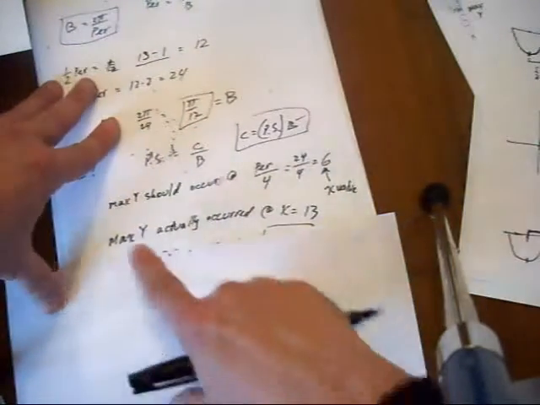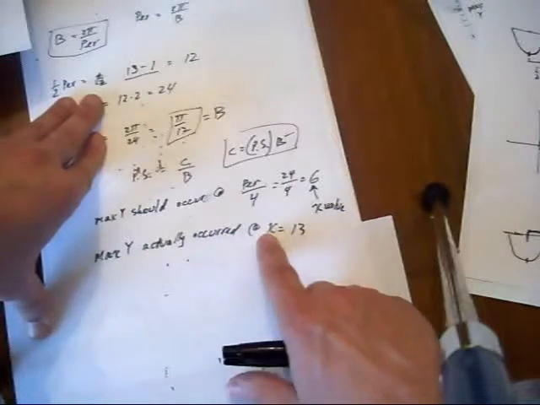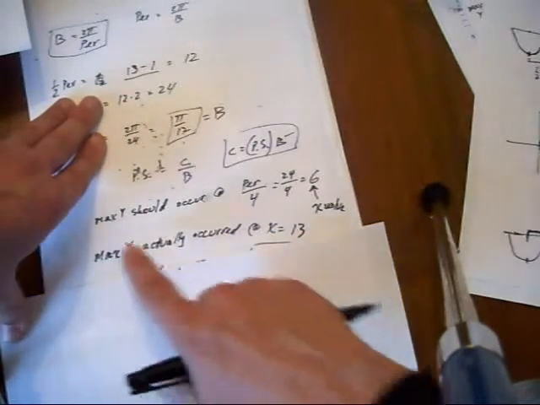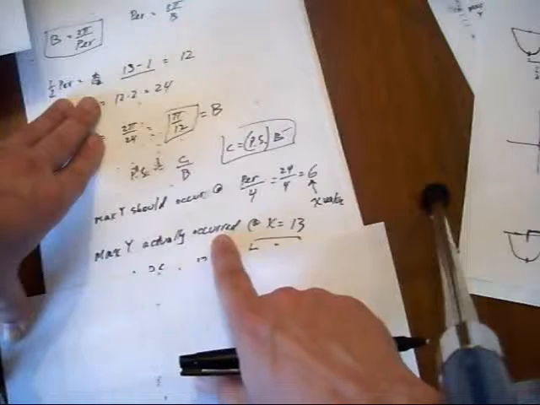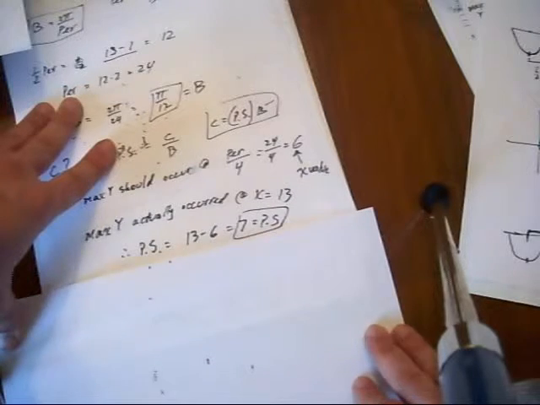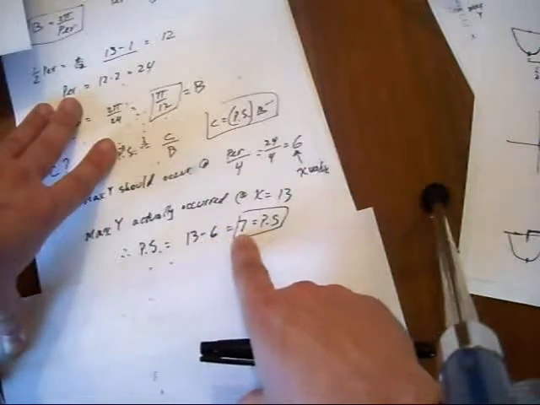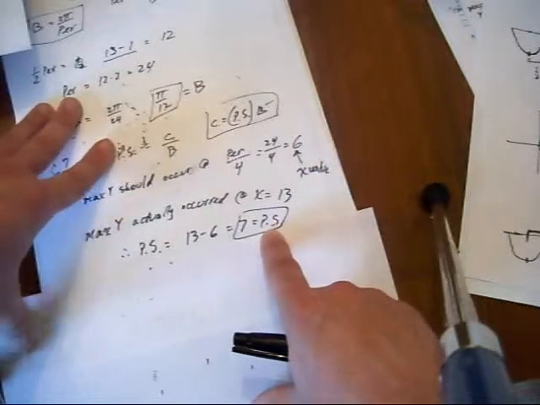So max y actually occurred at x equals 13. The difference between where it should have occurred and what actually occurred is the phase shift. And in this case, 13 minus 6 equals 7. That is my phase shift.